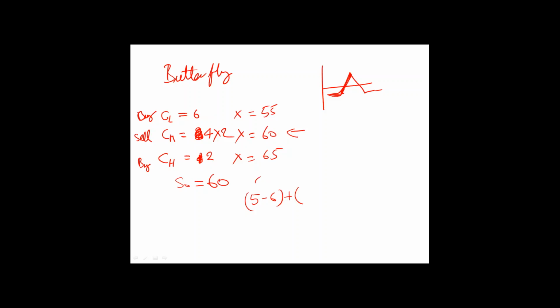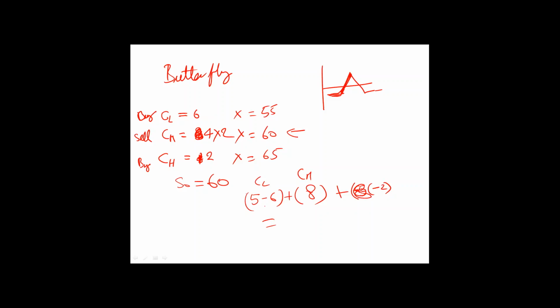The middle call is giving me a premium of 8, because the price expired at 60 only, so you will receive the entire premium 8. And the higher call will give me a loss of maximum to the premium I paid, that was 2. This will give me a loss of 2 only.